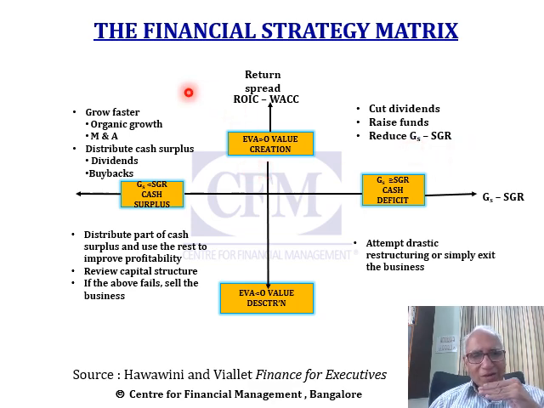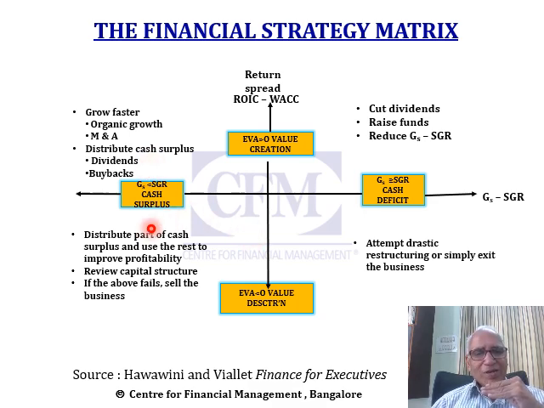In this quadrant where EVA is positive and the company is cash surplus, the recommended strategies are grow faster by way of organic growth or mergers and acquisitions, distribute cash surplus by way of dividends and buybacks.